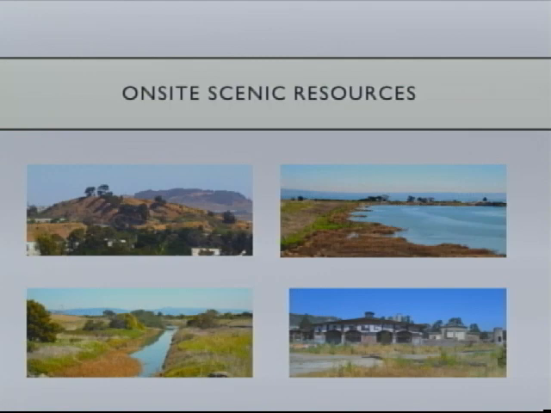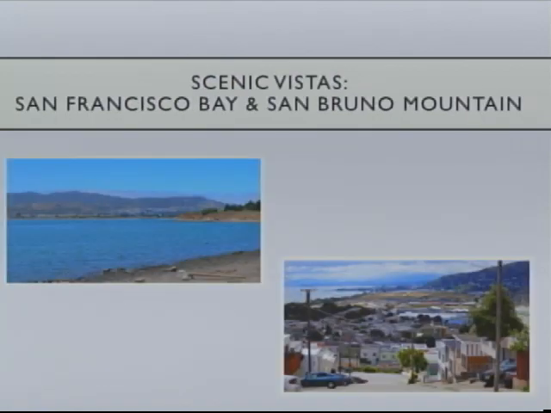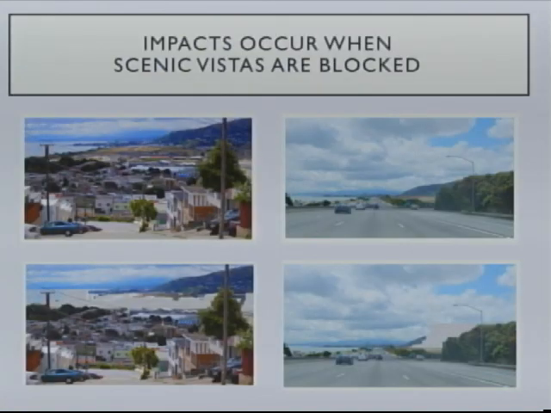Aesthetics. This is an incredible site. You've got views of San Bruno Mountain. You have the creek as a visual feature, the roundhouse, the bay, the roundhouse in its restored version. But there are substantial and very important on-site scenic resources, the bay, San Bruno Mountain, as I mentioned.